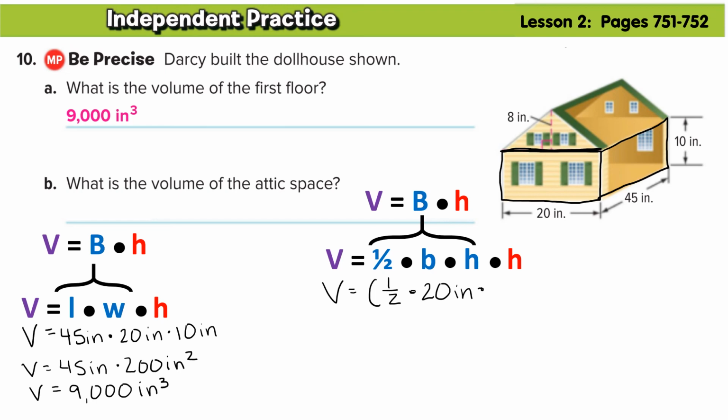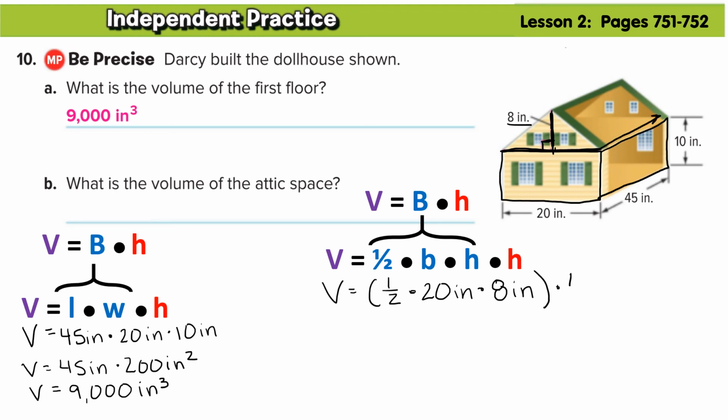The height of the triangle, which is indicated by this dashed line right here, and it's perpendicular to the base, is 8 inches. Times the height of the prism. So that's going this way, okay?